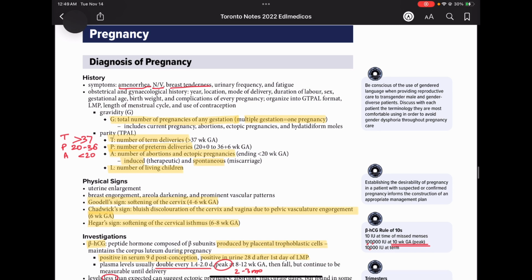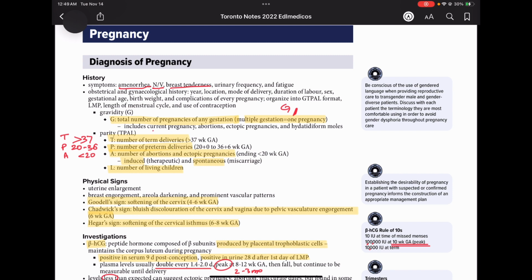In this we're gonna read about gravida. So what is gravidity? Gravida is the total number of pregnancies of any gestation. Multiple gestation counts as one pregnancy. If we are having twins, that is multiple gestation, but it indicates one pregnancy, so that would be just gravida 1.